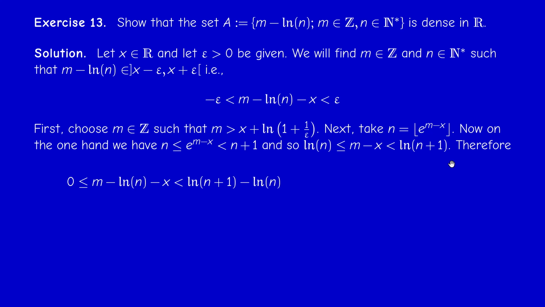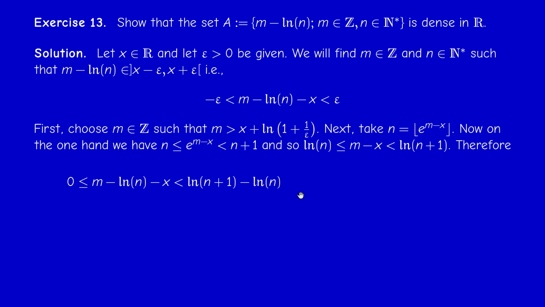Therefore, when I subtract ln n, m minus x minus ln n will be bigger or equal than 0. And if I consider the second inequality and subtract ln n, I get m minus ln n minus x less than ln of n plus 1 minus ln n.